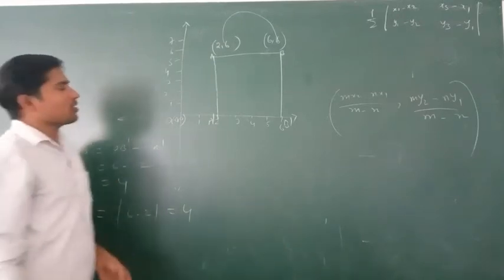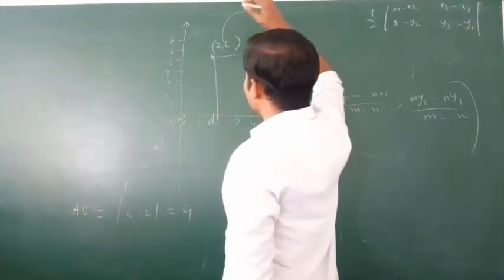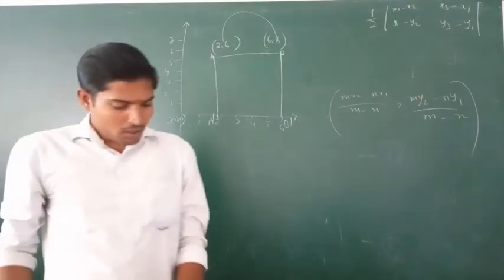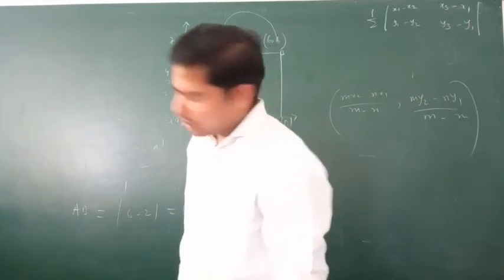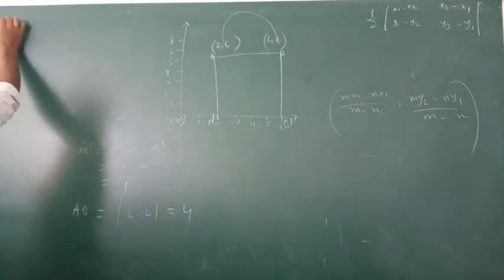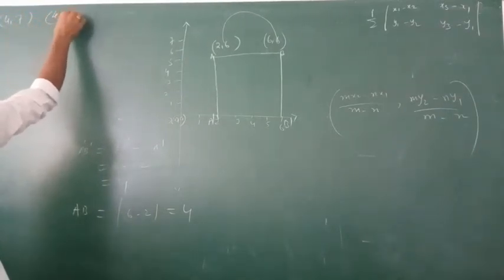Or suppose any 2 points are given here, for example, take example as x coordinates are equal: (4, 7) and (4, 9).